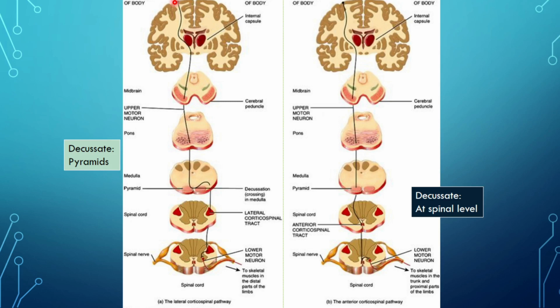It's then going to run down through the axon of an upper motor neuron. So that's the first neuron in the pathway.